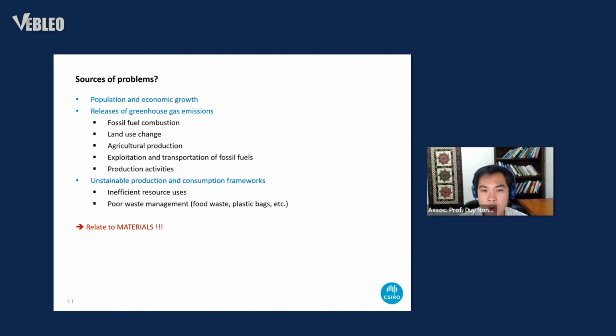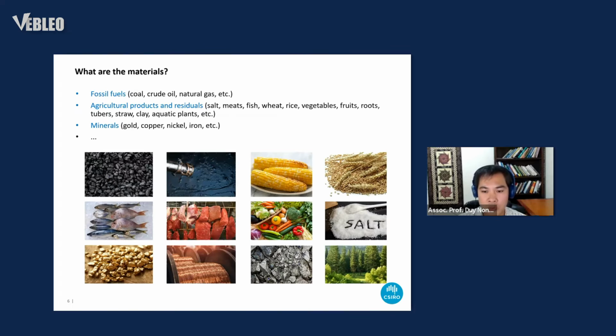All of these things relate to materials. So what are the materials we consider in this study? I can say this refers to all things that we can see and touch.